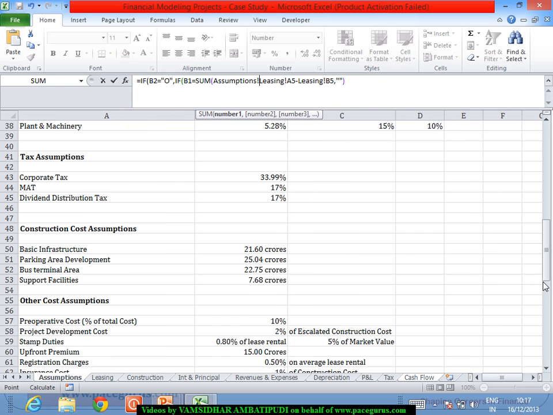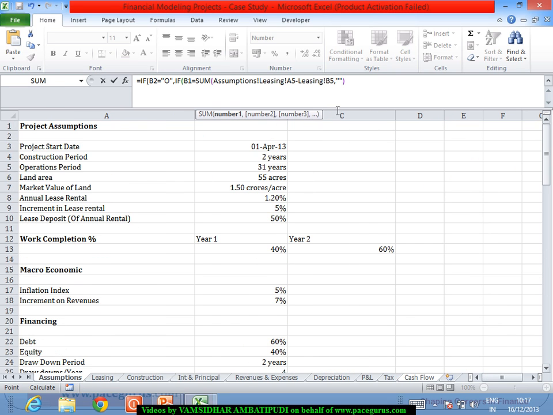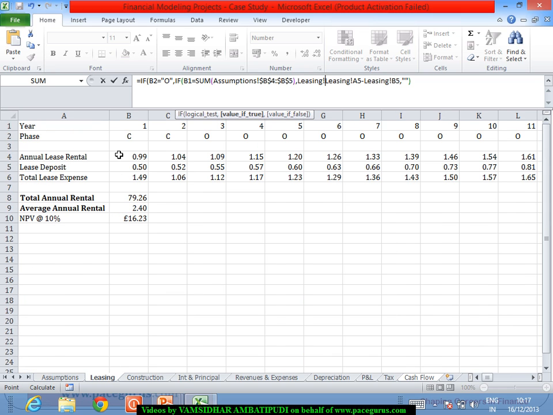So I'll take it as summation of the construction period as well as the operations period. If this is equal to the last year, instead of talking about the difference between the two periods, I'll talk about the whole amount being released, the lease deposit itself getting released, otherwise the difference between the two lease deposits getting released.